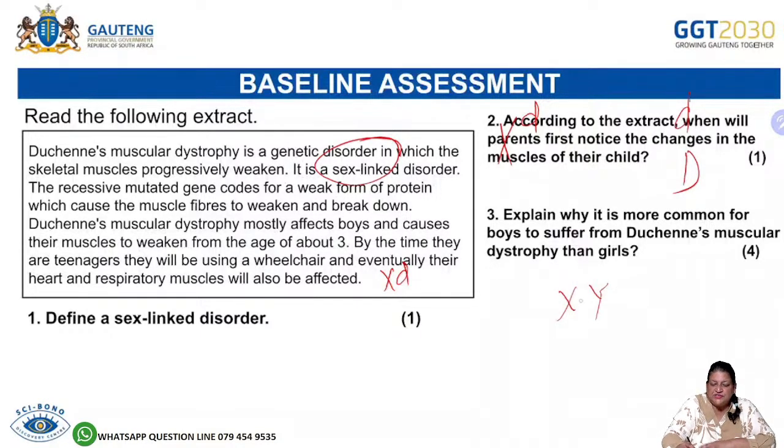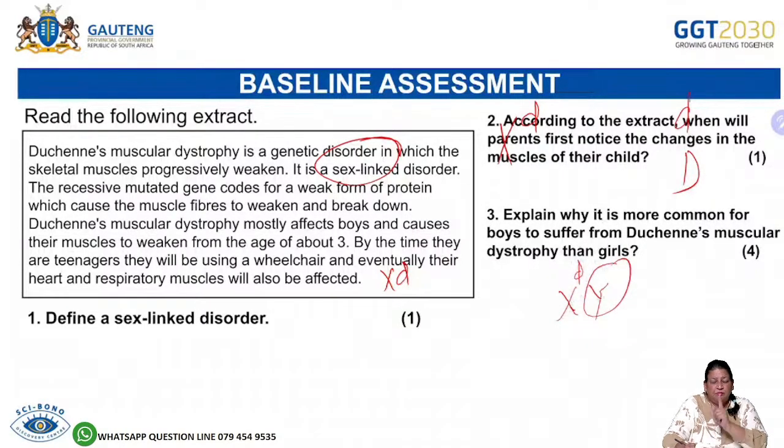If you're a son, you're going to have the Y from the father, and then obviously you're going to get the smaller allele from the mother. So a mother has to carry this Duchenne's recessive allele. So when she gives it to the son, he's going to get that. That comes from the mother.